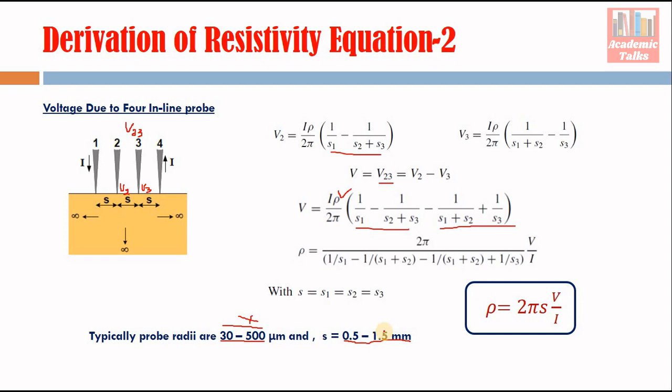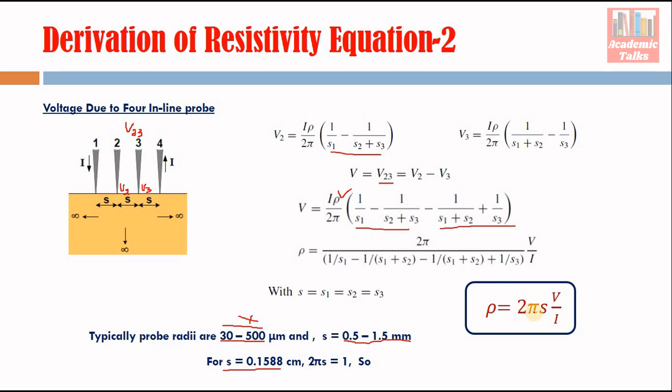And one more interesting thing, like you see here, all these are constant, and S is adjusted by the instrument manufacturer. So you can see that we can make this constant in such a way that use of this equation becomes very easy. See a typical example. Now suppose this S is 0.1588 centimeter. Then you know the value of pi is 3.14, 2 is constant.